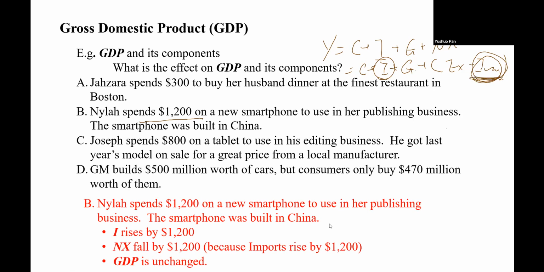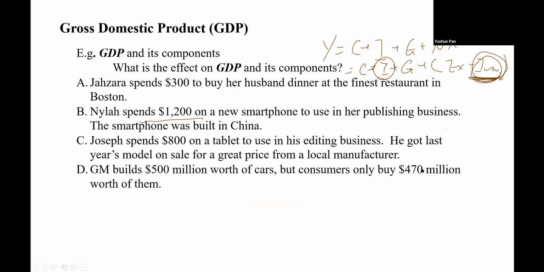We should also minus that part. So I raises by that amount, but net export falls by that amount. So as the total effect, the GDP will not change. Again, the definition of the GDP is all the products within the country. It will not include the product produced outside of this country.